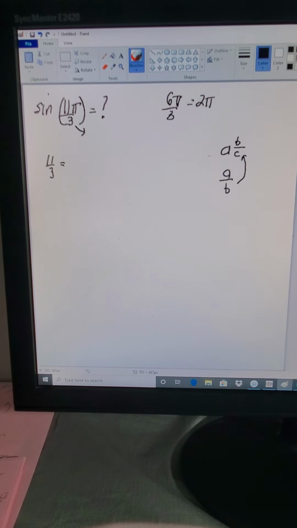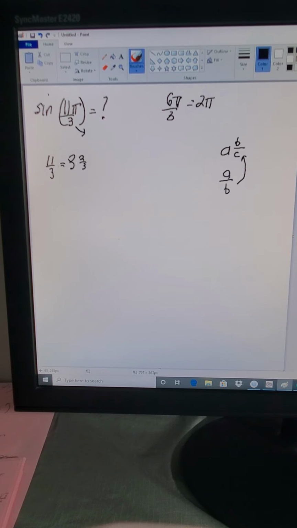So I'll do it at the same time. 11 over 3 as a mixed fraction is 3 2/3. That's just some playing around on your calculator. You want to reduce the improper fraction to a mixed fraction.